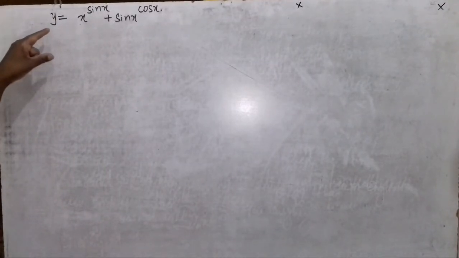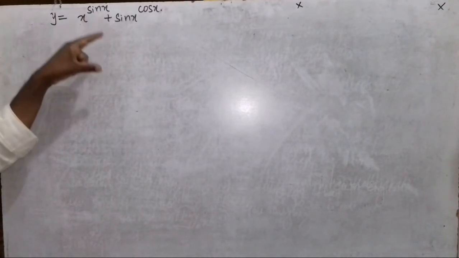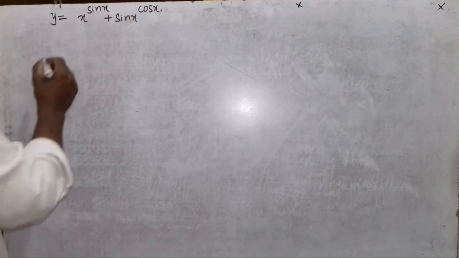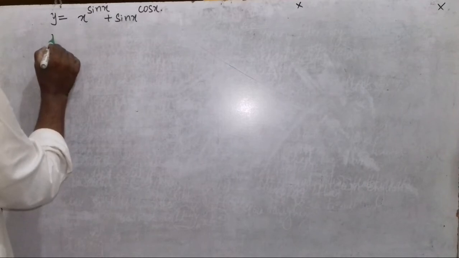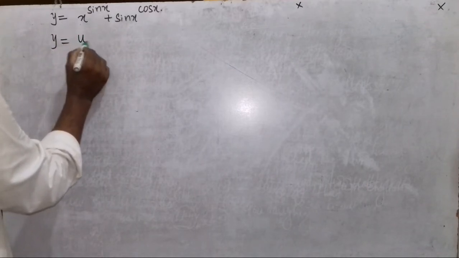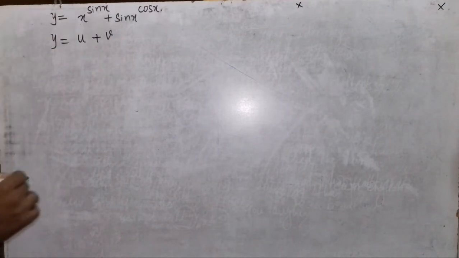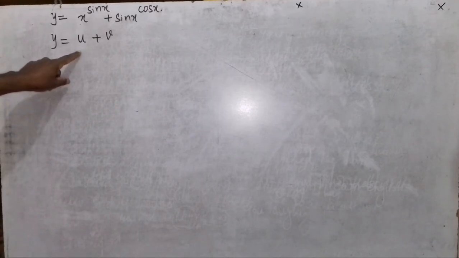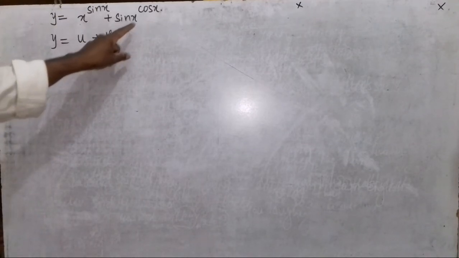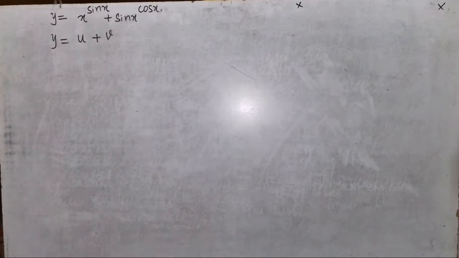Consider the problem y equal to x raised to sin x plus sin x raised to cos x. As in the previous problem, y equal to u plus v, where u equal to x raised to sin x, v equal to sin x raised to cos x.